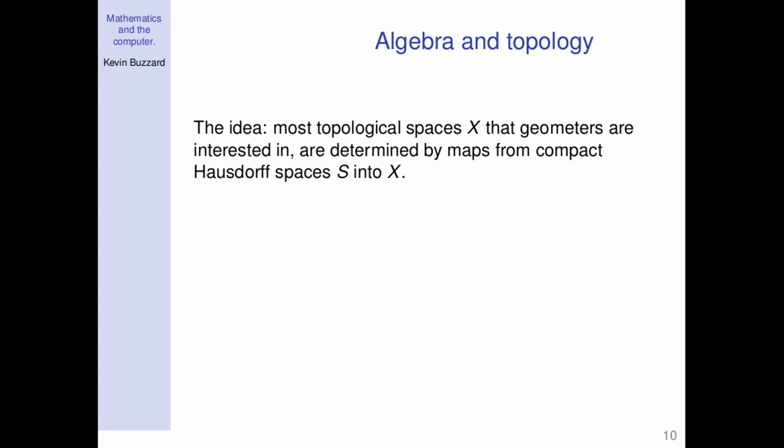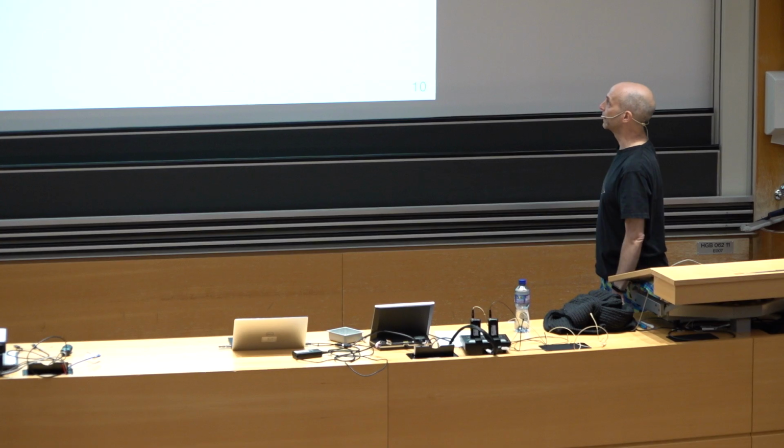So we need to come up with a different idea instead of topological spaces. And here's the idea. It's not true that every topological space is somehow determined by maps from compact Hausdorff spaces into it, but a very large class of topological spaces are, including the kind of topological spaces that geometers are interested in.